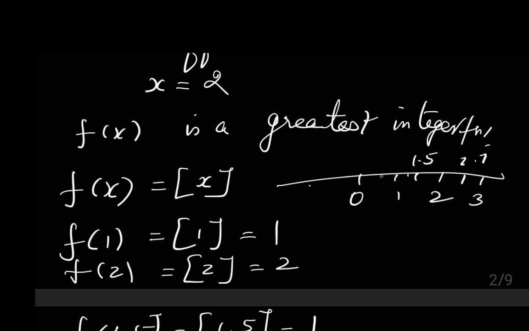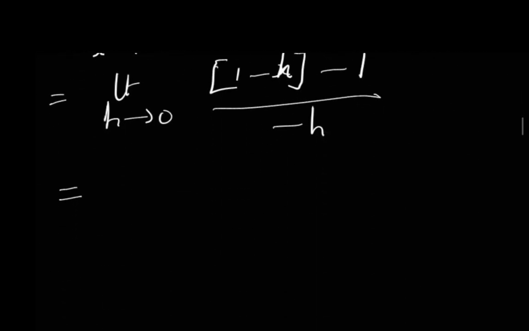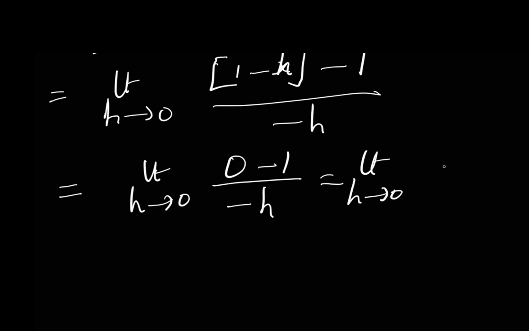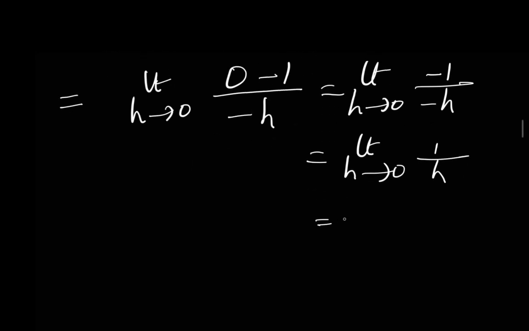If I subtract h from 1, you will get 1 minus h. So the greatest integer here is 0. So we write limit h tends to 0 of 0 minus 1 by minus h. That is limit h tends to 0 of minus 1 by minus h. Minus minus gets cancelled, 1 by h. Substitute h as 0, 1 by 0, that is infinity. This is your left hand side.